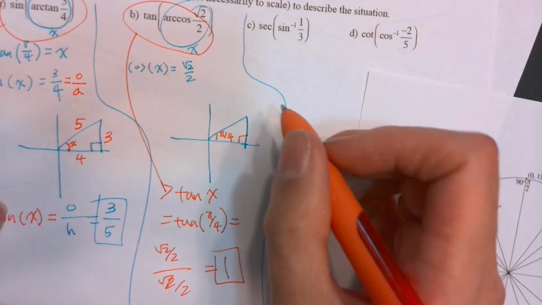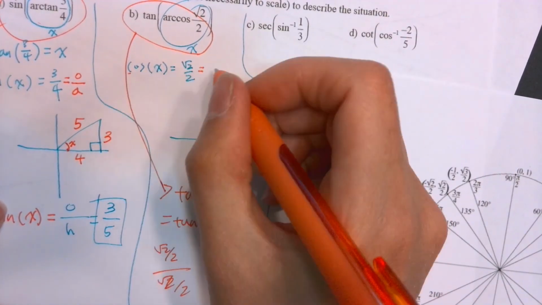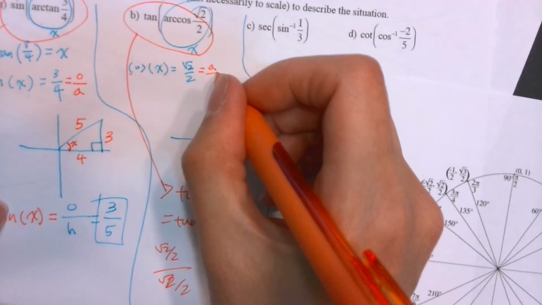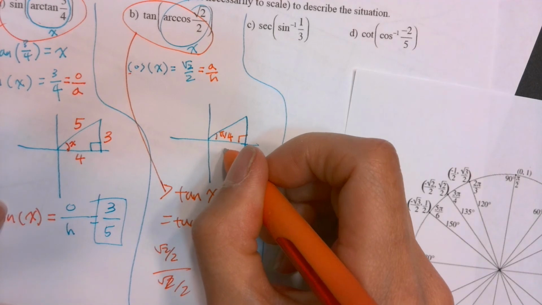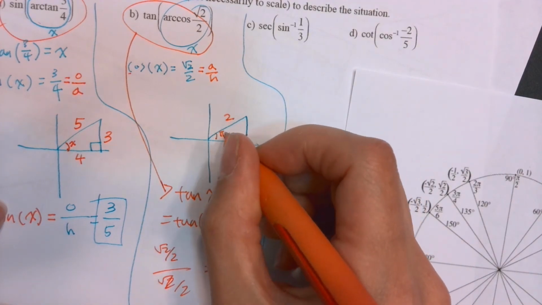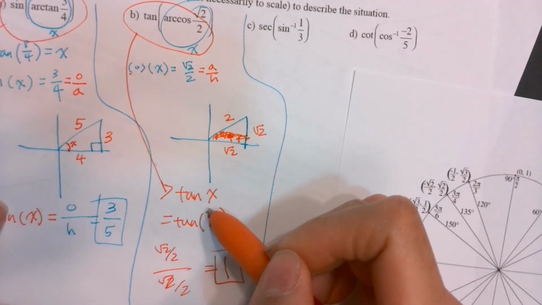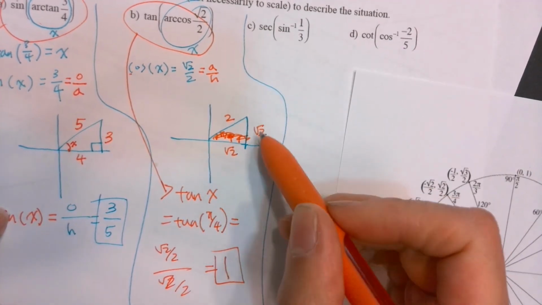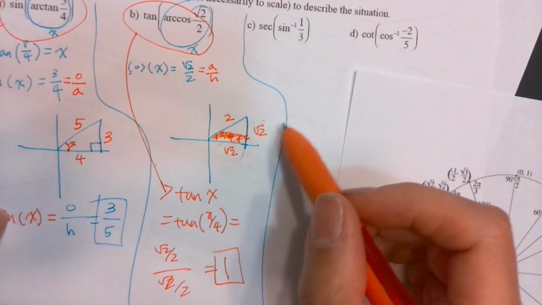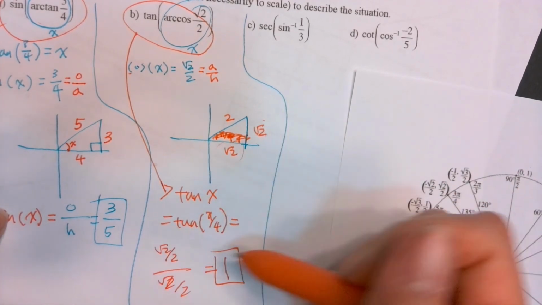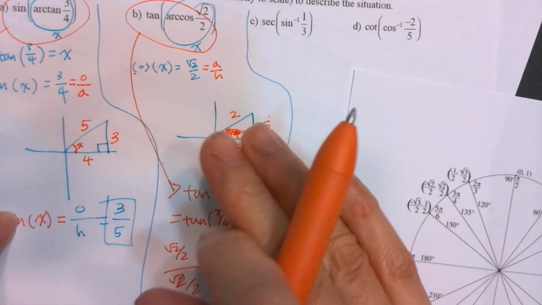The cosine is adjacent over hypotenuse, so put the adjacent side as square root of 2, hypotenuse as 2. Then find the opposite side, and tangent is opposite over adjacent, square root of 2 over square root of 2, 1. Either way, you're going to get the same answer, whether you recognize that was 45 degrees or not.